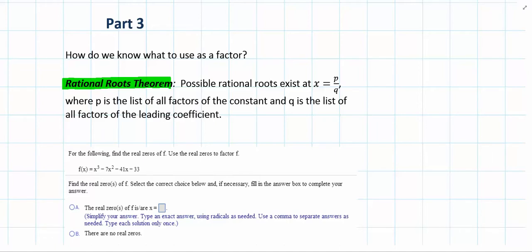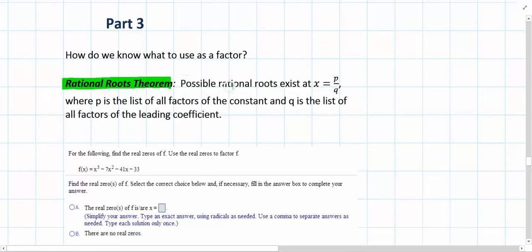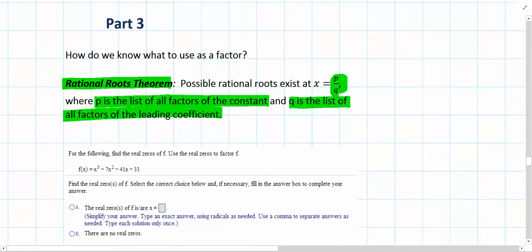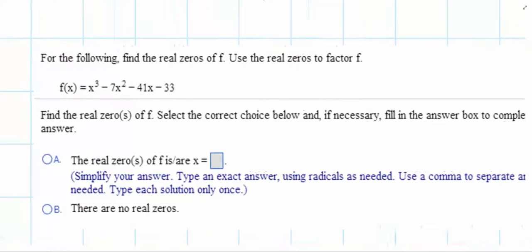to a polynomial equation. Now, the rational roots theorem says that possible rational roots exist at x equals the fraction p divided by q, where p is the list of all of the factors of the constant, and q is the list of all of the factors of our leading coefficient. So let's look at this example here.